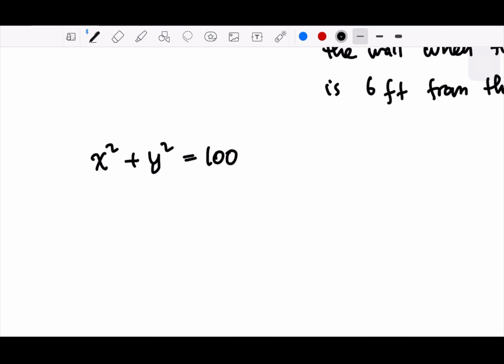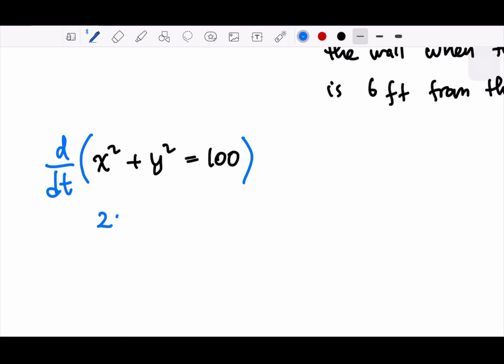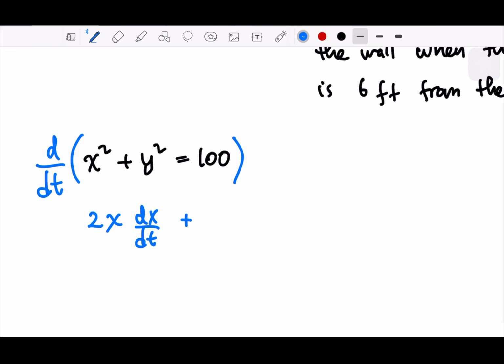Now we can differentiate with respect to t. So x squared becomes 2x, and don't forget the dx over dt. It's similar to what we did in implicit differentiation. And y squared gives 2y dy over dt, equals 0.